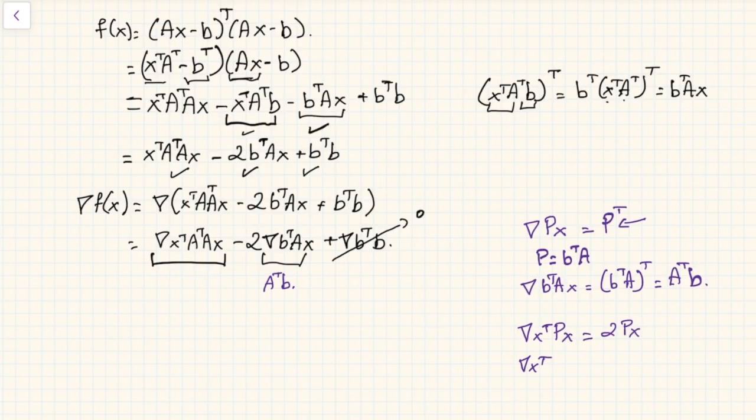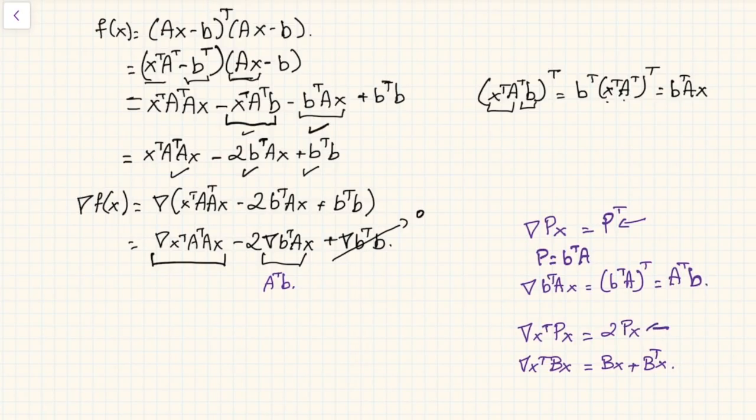If you're getting the gradient of x transpose Bx, where B is not necessarily symmetric, in the general case you'd get Bx plus B transpose x. Now, taking the particular case where B is symmetric, then B transpose is B, and hence you get 2Bx, which aligns with this.